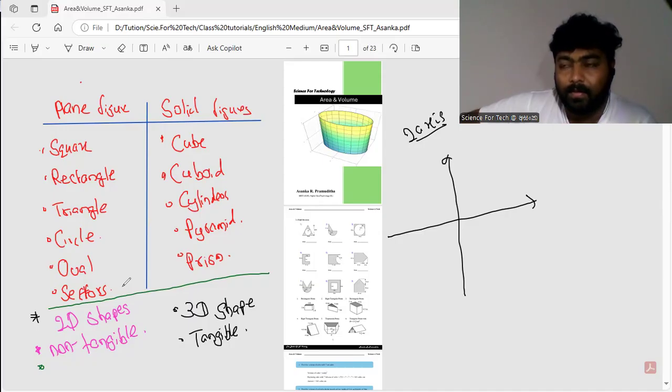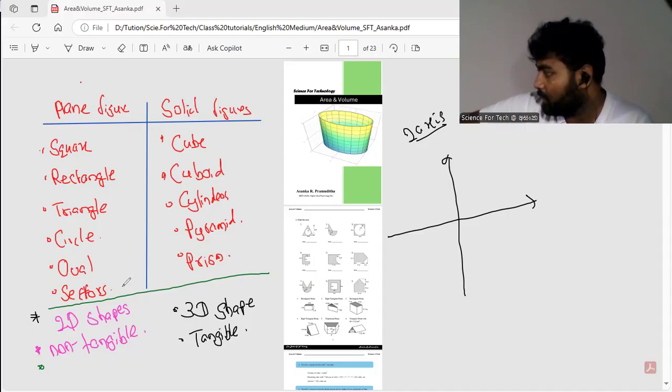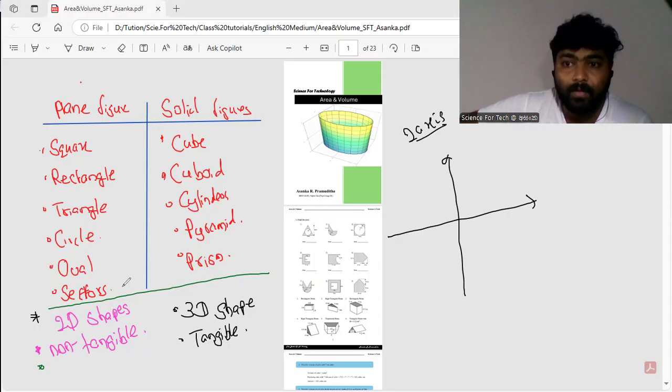Write like this. Plane figures can be drawn in a Cartesian plane by using only two axes.